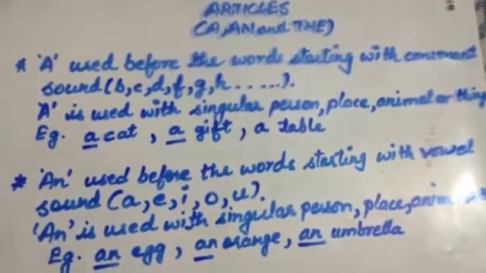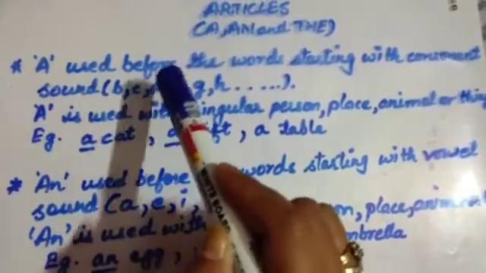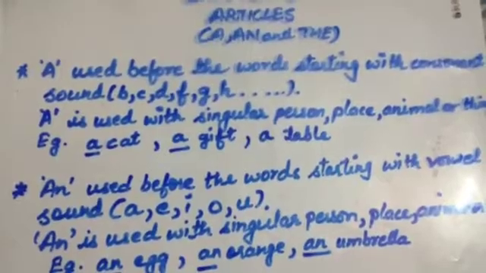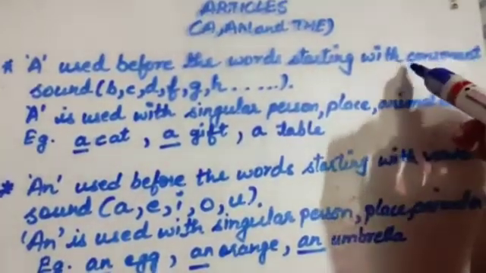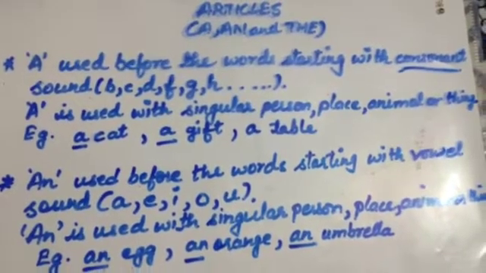Now let's see where we can use the article a. Article a is used before a word starting with a consonant sound. Okay, which sound? Consonant. See class, we have done vowels and consonants in class first.